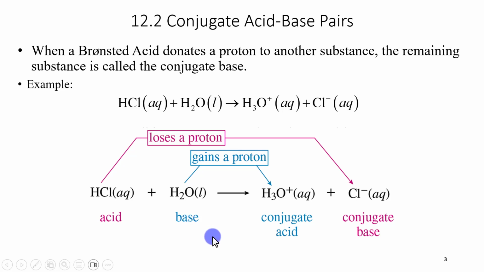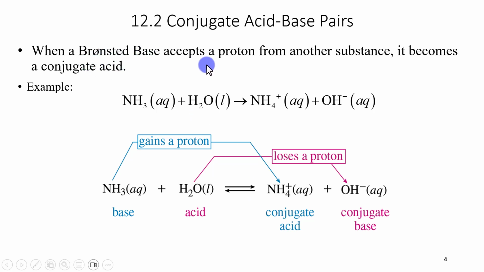So we have two pairs: the original acid and its conjugate base, and the original base and its conjugate acid. These are not to be confused. Acid with a conjugate acid and base with a conjugate base are not the pairs. The pairs are the acid with what's left over when it donates, the conjugate base, and the base with what is formed when it gains that H plus, the proton, forming the conjugate acid.